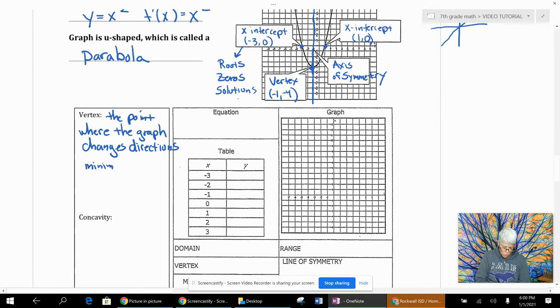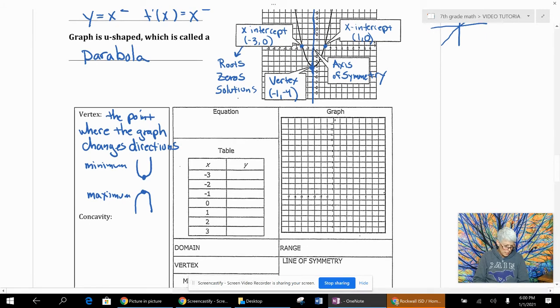And then there's two important words that you will also have to know, but it's so easy, just don't forget it. If my parabola goes up like a U, then this point, this vertex, is the minimum point. If I end up flipping this parabola upside down, and we'll talk about how you can do that, then this becomes the maximum point. So the vertex is either going to be the minimum point or the maximum point.